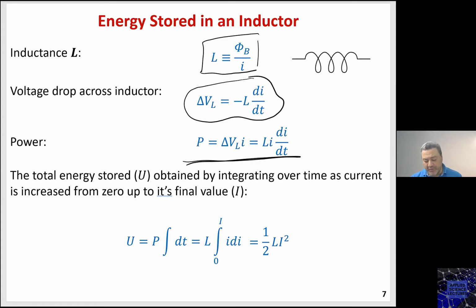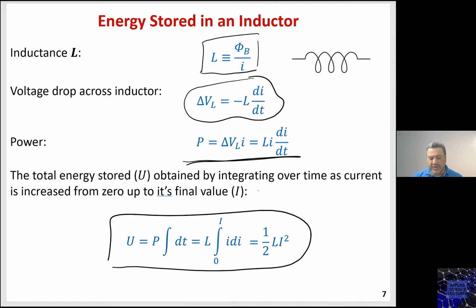Using separation of variables, I can integrate the current from 0 to I. Doing this will give me the energy for the inductor, which is half L i squared. We've seen it in a few slides before. So this is the energy stored in the inductor, which equals half L i squared.